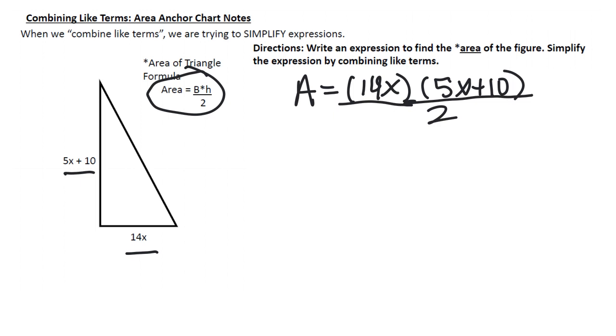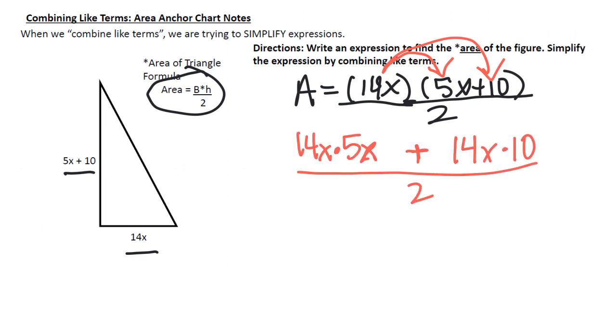So now we are at step 2. So we're going to use that distributive property to multiply the base and the height on the top of the fraction. So kind of like the rectangle problem that I did right before this, we have to multiply that 14x times 5x and also by the 10.